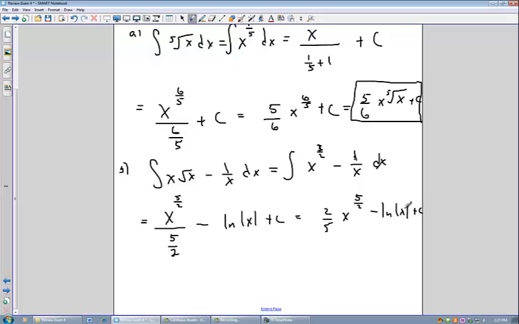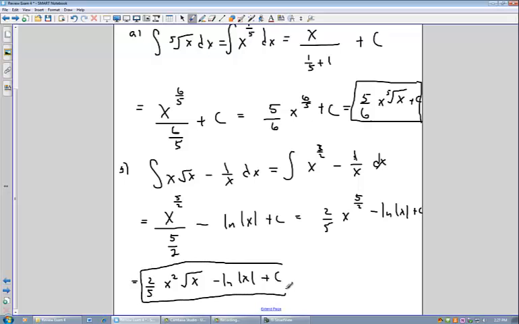And because they gave it to me in radical form, I should probably put it back in radical form. So it's 2/5, then x to the 5th, if you take the square root, you can pull out an x squared, times the square root of x, and then minus ln absolute value of x plus c. So that's my final answer.